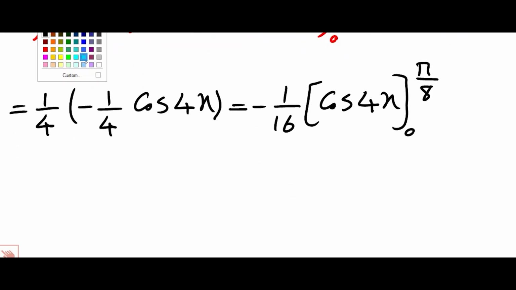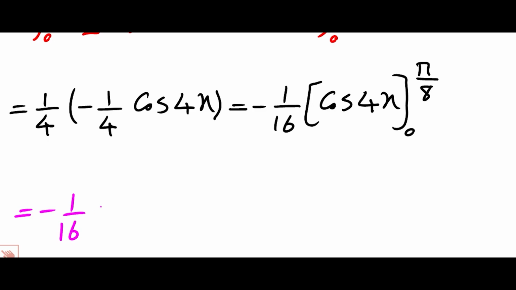So the final answer is negative 1 over 16 times cosine of 4 times pi over 8, which is pi over 2. So cosine of pi over 2 is 0, minus cosine of 0, which is 1. So the final answer is positive 1 over 16.